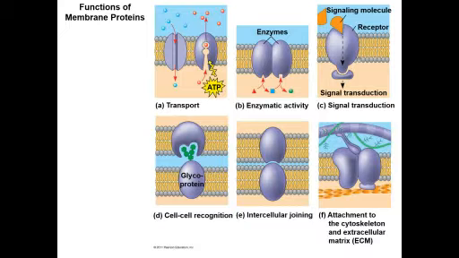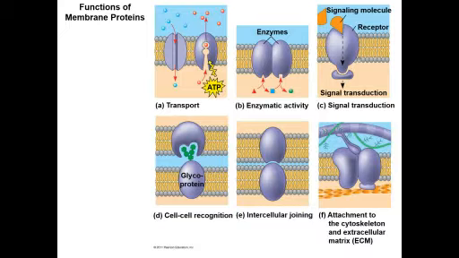Most proteins are enzymes that speed up chemical reactions. You have proteins that act as receptors that bind to external signaling molecules. You have cell-to-cell interactions and recognition. And you have proteins that make up the cytoskeleton and extracellular matrix of cells.